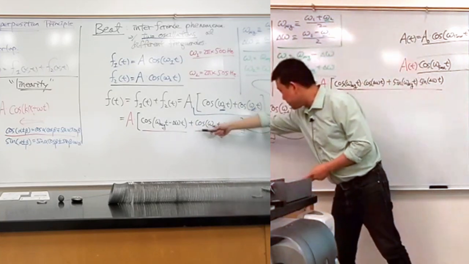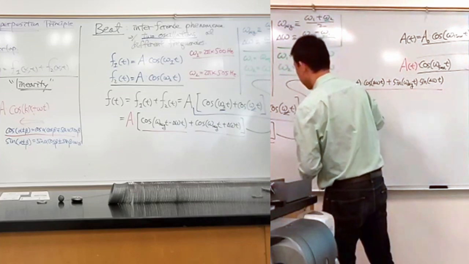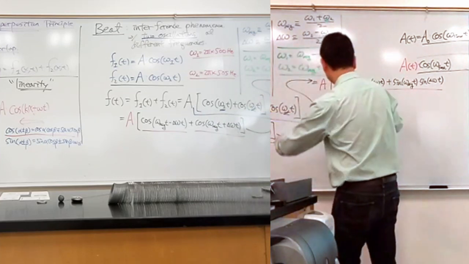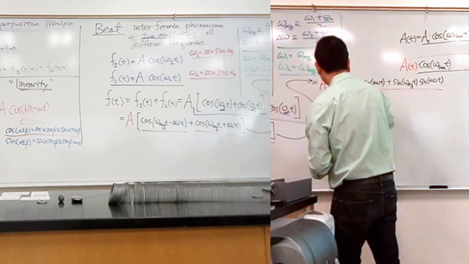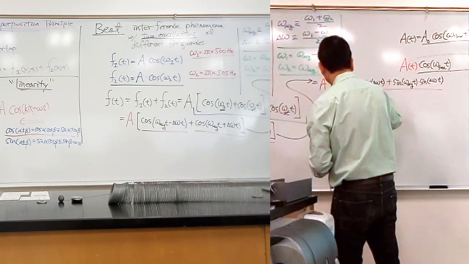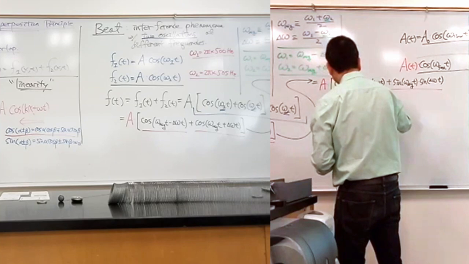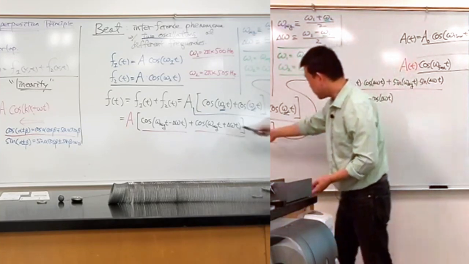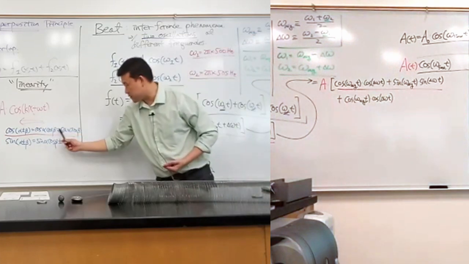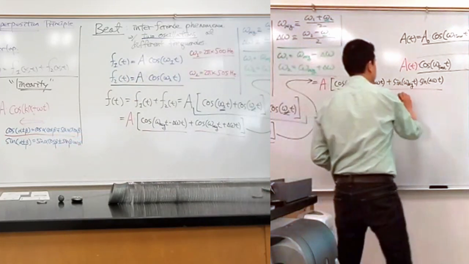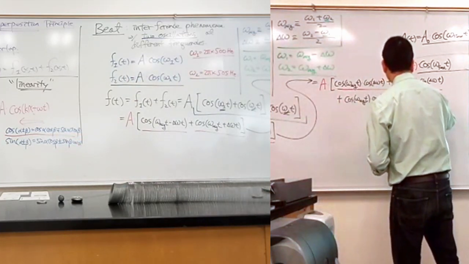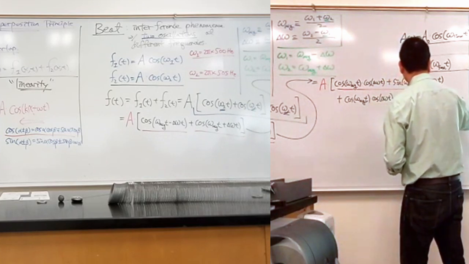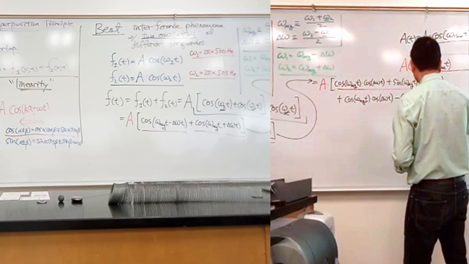The second term is plus cosine of, so it's sum, so do the same thing as before, cosine of omega average t times cosine of delta omega t. And then it's plus, so it's minus here. Minus sine of omega average t times sine of delta omega t.